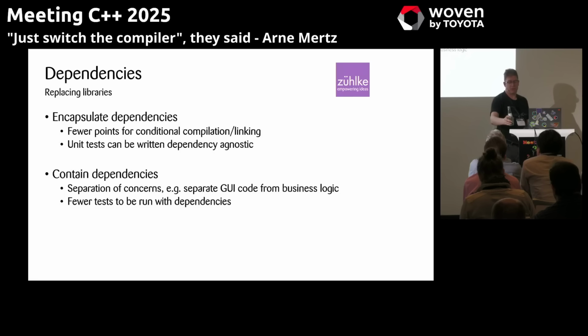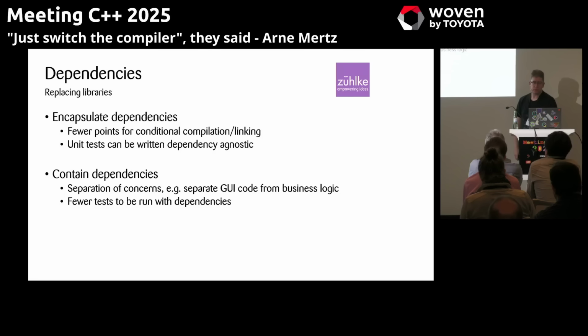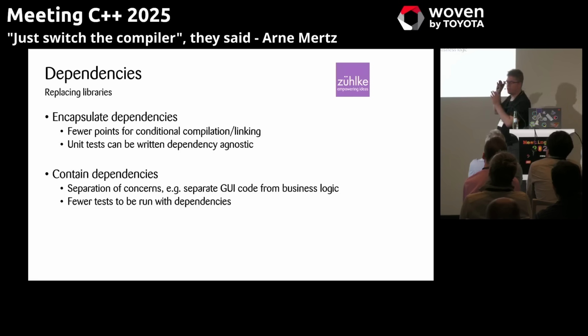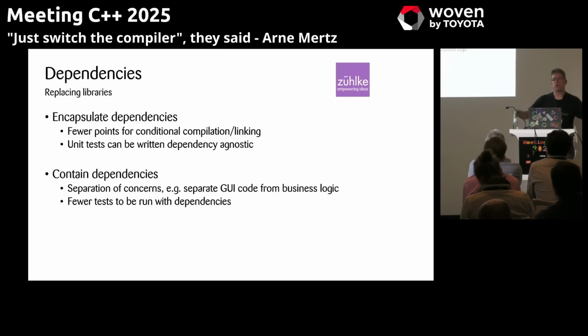So, as I said earlier, you don't want to have these if, else, ifs everywhere. So what you want to do is encapsulate your dependencies. Have your CPP files that do the stuff that calls your Windows sources or the Linux system calls or your GUI libraries, and not have them spread out all over your code base. So you have specific locations where these compiler-specific things are located.